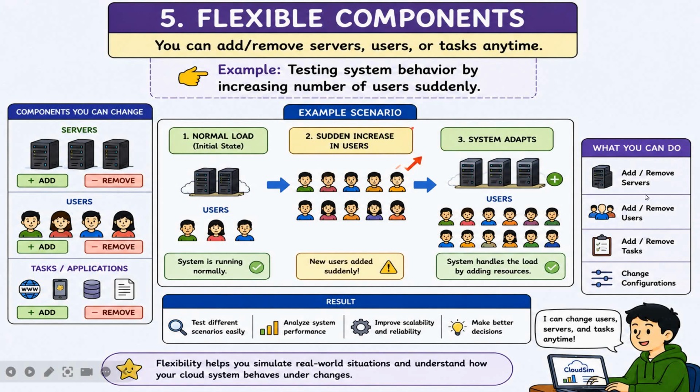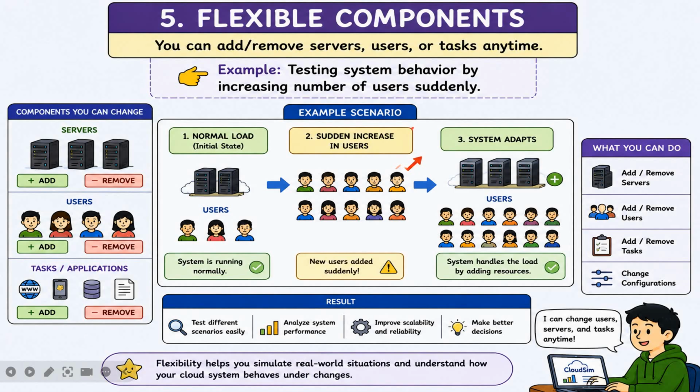And the right side of the figure highlights actions users can perform, such as adding or removing the servers, users, and the task and changing the configuration. Okay, here the servers can be added or removed, then users, then task, and we can change the configurations.